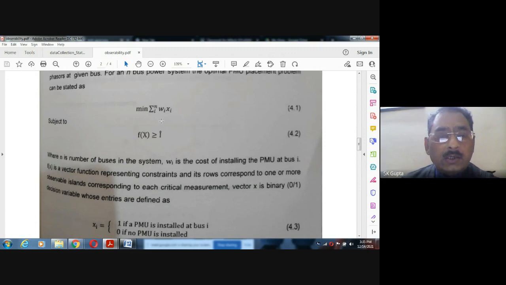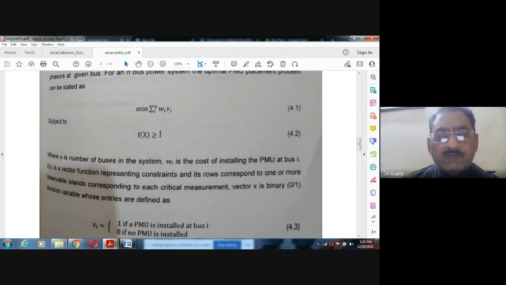And if W represents a price, the price to connect some PMU at the ith bus is say Wi; at the first bus it is W1. And if a PMU is connected on that bus, then it is 1, otherwise it is 0.